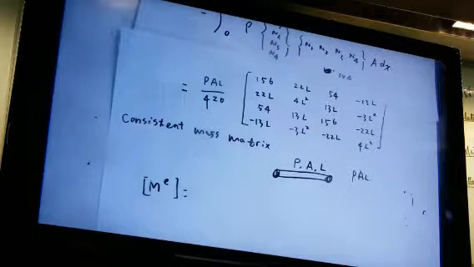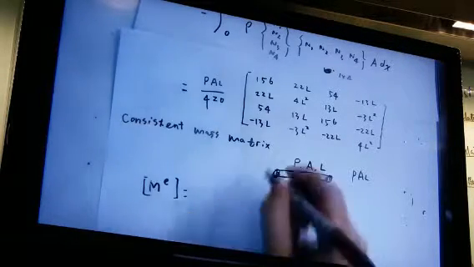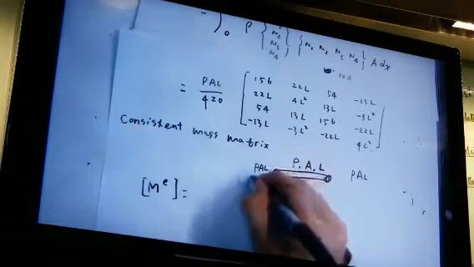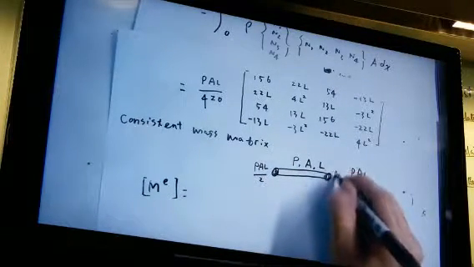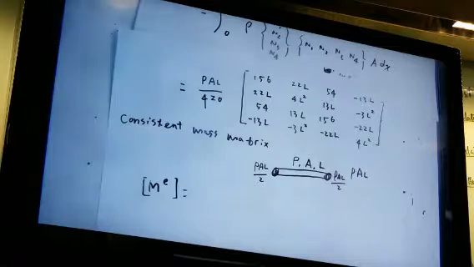So we just assume this mass will be evenly distributed on these two nodes. And then this will be rho A L divided by 2. This will be rho A L divided by 2. This is called a lumped mass approximation. We lump the total mass into the two nodes, into the two joints, and it has nothing to do with rotation.